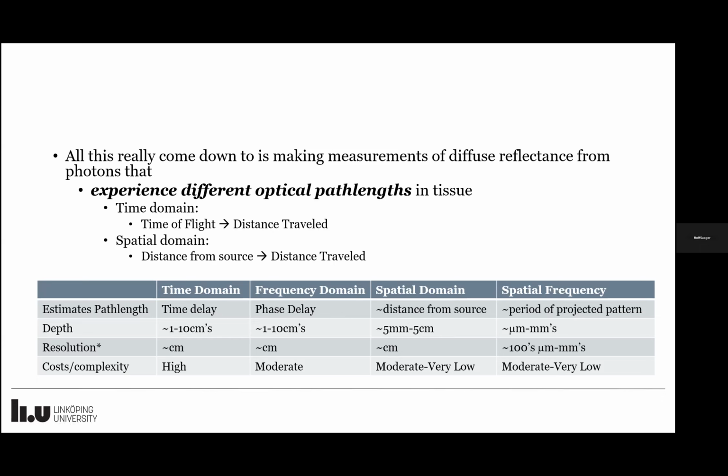Spatial frequency, you are constrained to just shining light as an image, and so you can't do any separation in distance. You're always looking at a single pixel and a single point going in and out. You tend to be much more superficial, but the nice thing for us is, the hundreds of microns to millimeters, that's the domain of skin. So there's a lot of stuff we can look into with those types of things.